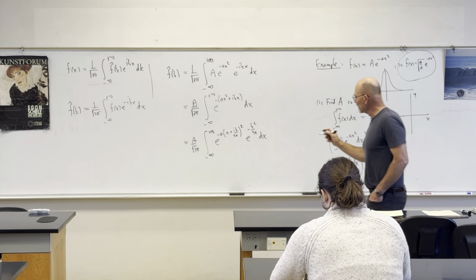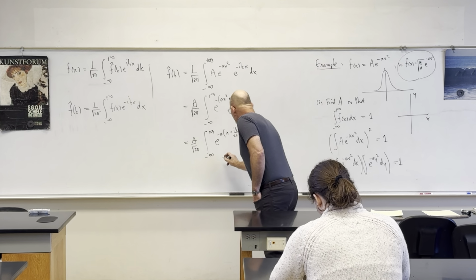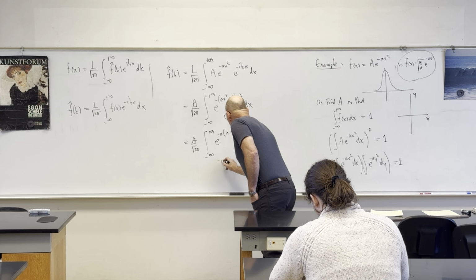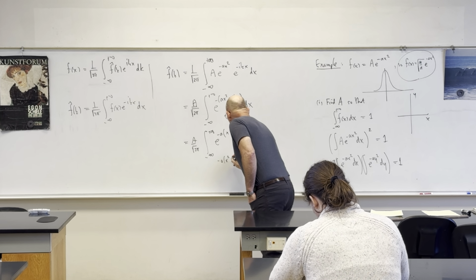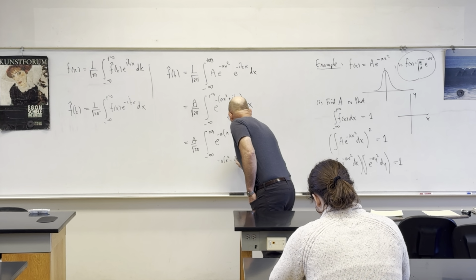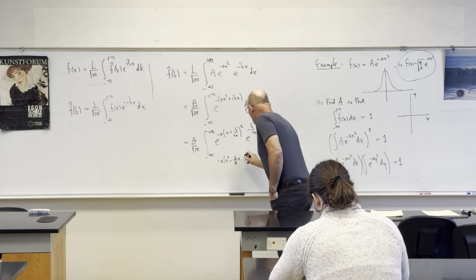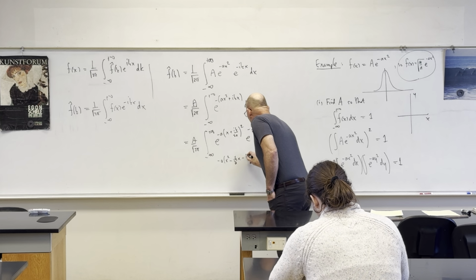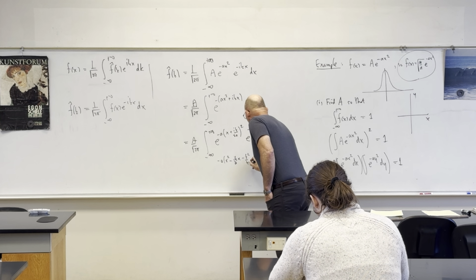And in fact, what we can do here is just test this. We've got minus a x squared minus ik over a x minus k squared over 4a.